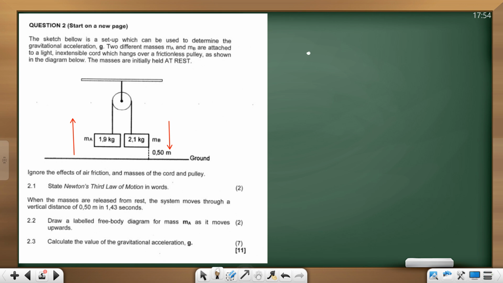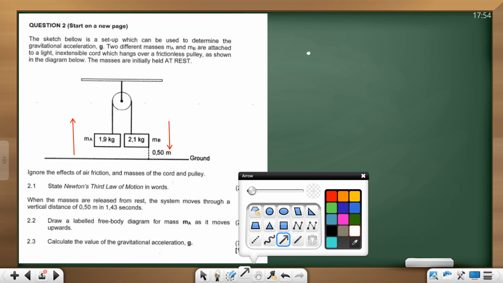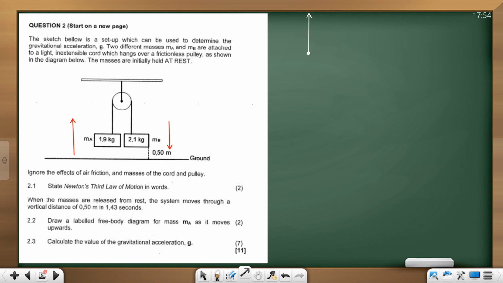Which forces are acting on it? It's going to be the force of the rope, tension, and gravity. Force of gravity and tension. We are done. 2 marks.